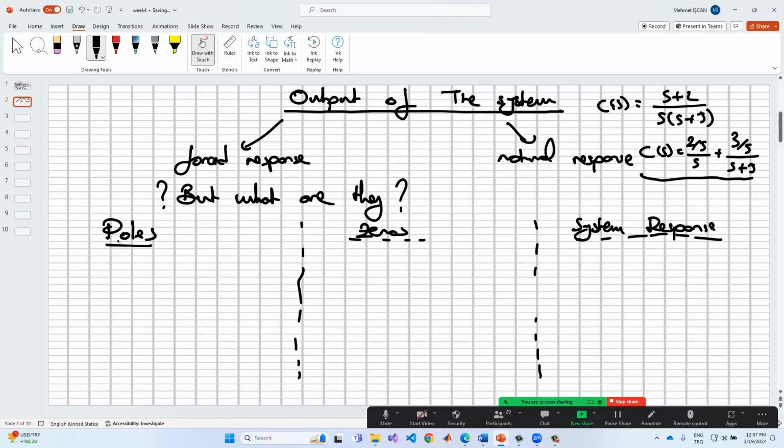So, what is poles? Poles means that if we have C(s) equal to (s+2)/(s+5), then we have poles at the denominator of this transfer function. For example, we have one pole in here at 0, and the other pole is at minus 5.